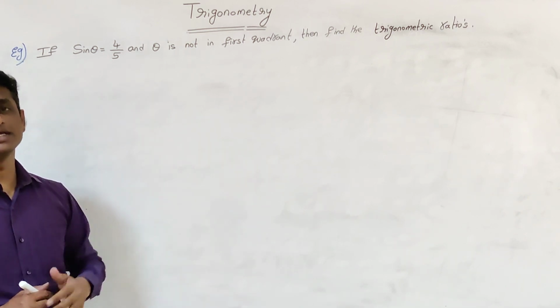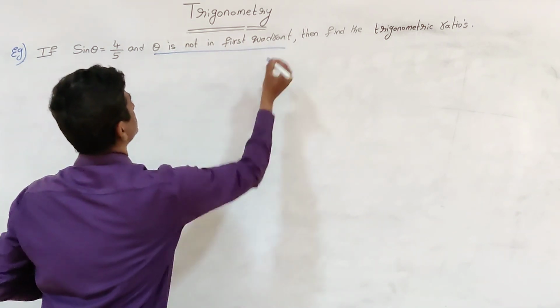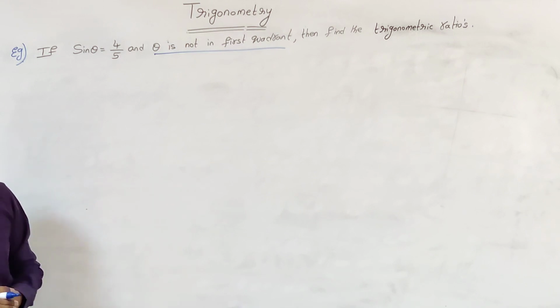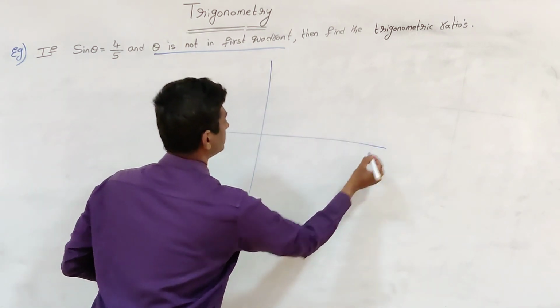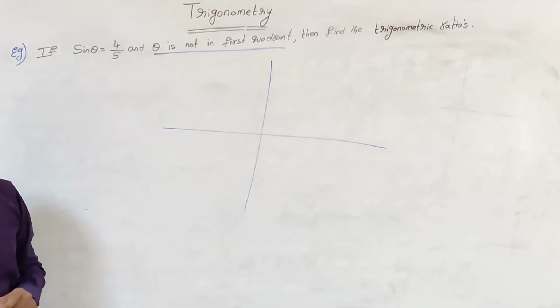But he has mentioned that theta is not in the first quadrant, so where should it lie? It should lie in the second quadrant, which means in the xy plane the angle is in the second quadrant.